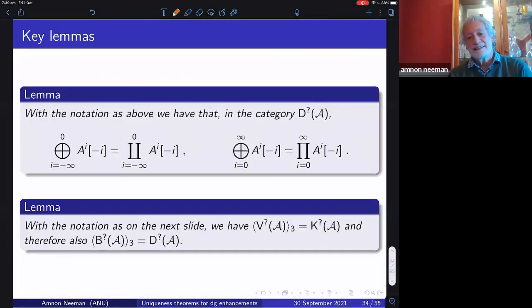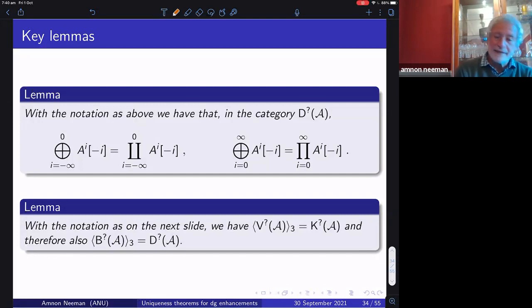It's not at all obvious, but it turns out that if you take the half-infinite terms, they do satisfy either the product or the coproduct property.